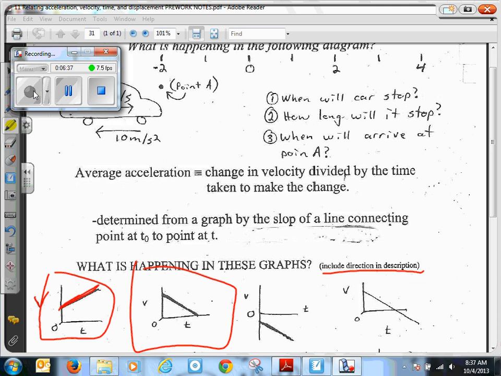So do we have an acceleration here? Yes, negative acceleration. Very good. It starts out as a positive velocity with a negative acceleration, and at the end of the graph, it has come to a complete stop. How about the third graph? What are we seeing in the third graph?